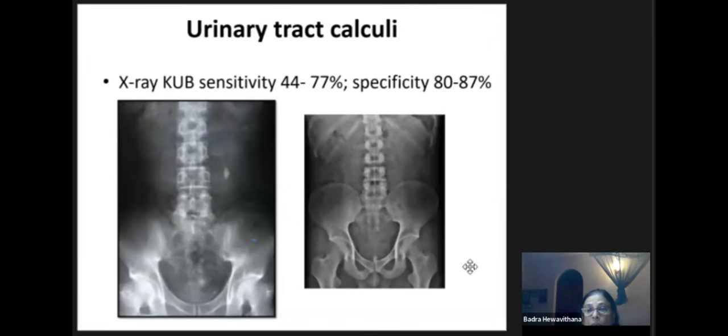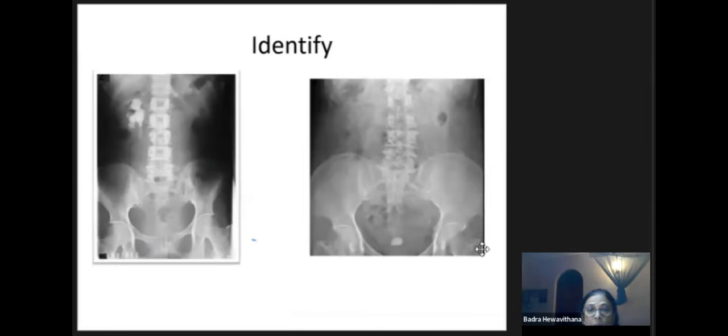So look for it at the symphysis pubis. That is why the radiographers are supposed to include the X-ray KUB up to the symphysis pubis. So what are these? Can you identify this one and this one? What is this?